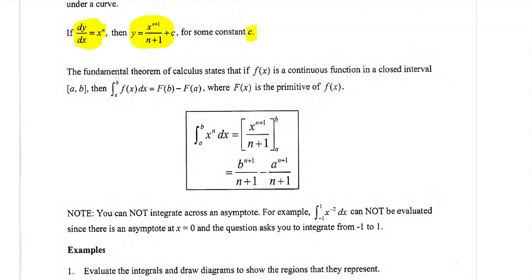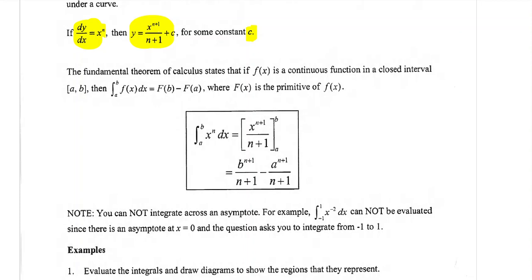Now the next step is that you substitute those numbers into what is inside your square bracket. You start with the top one, so whatever b is, it'll be a number, it won't be a letter most of the time. You sub it in here, so it becomes b to the power of n plus 1 over n plus 1.